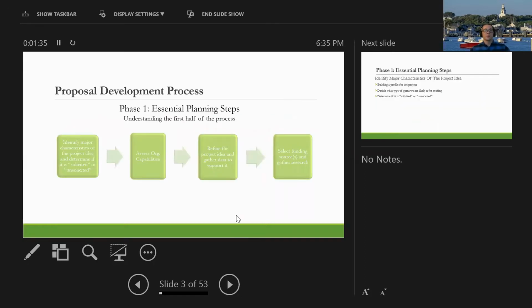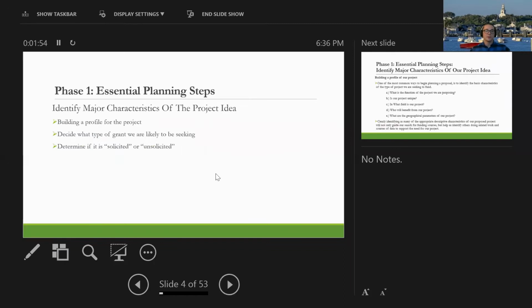So within that phase 1, we see our boxes here, and it just gives you a bit of a sequential order into the appropriate steps you would take in that process: identifying, assessing, refining, and selecting that funding source. And so we're going to get into identifying major characteristics of the project idea.